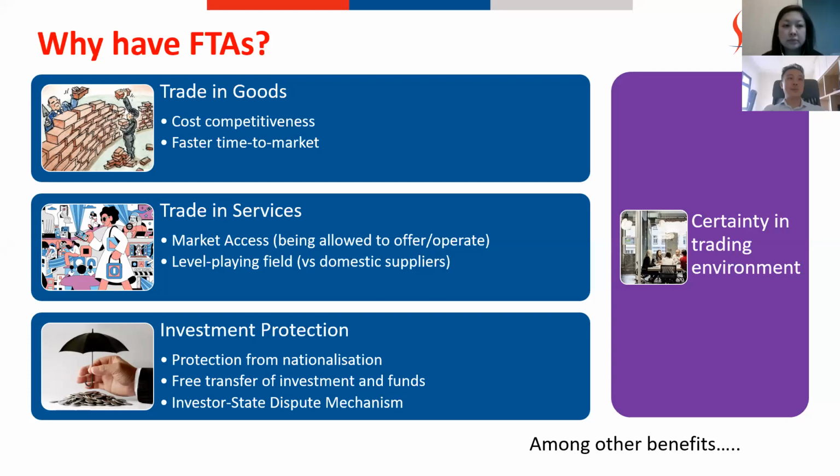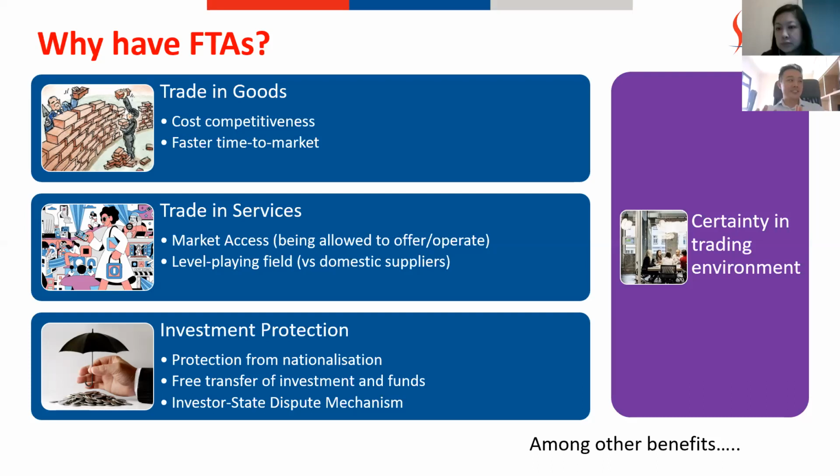But very often, with trade agreements and trade negotiations, we do get new market access and trade liberalization. Or at least that's what our trade negotiators would try to achieve. For goods, this includes cost competitiveness and faster time to market, resulting from lower customs duties, reduced technical barriers, and expedited customs procedures.